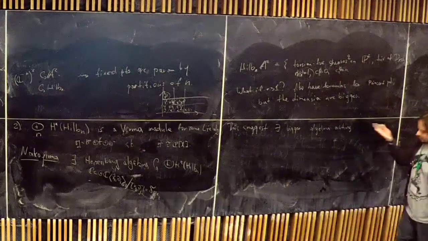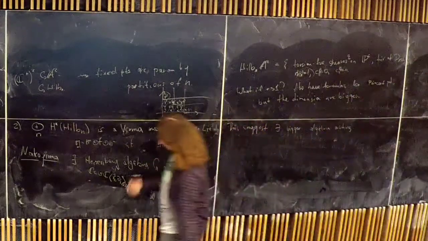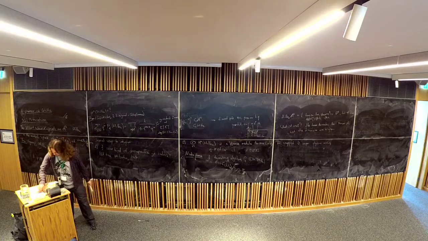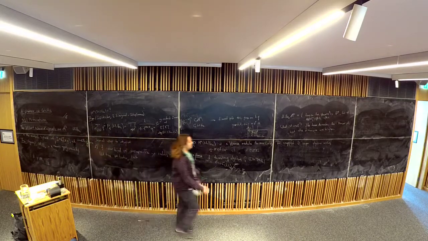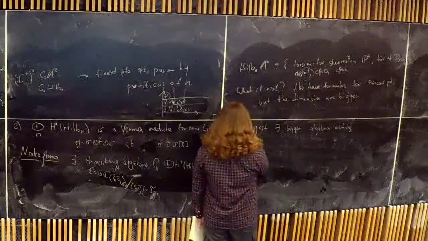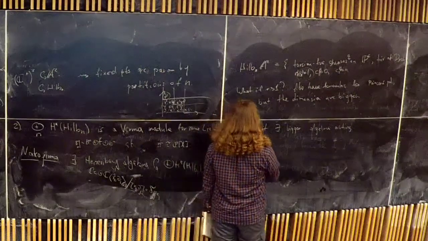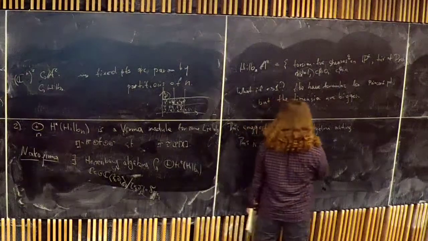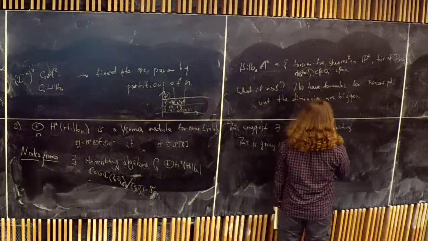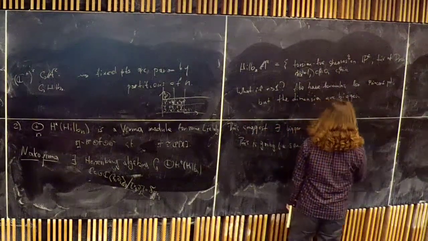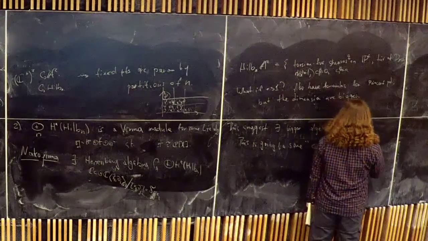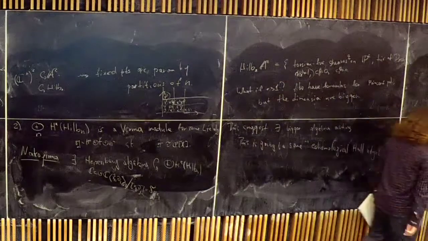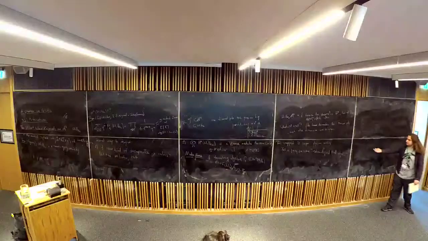So anyway, the natural context where those algebras appear is going to be some cohomological Hall algebra. And I'm going to explain to you what this notion is.